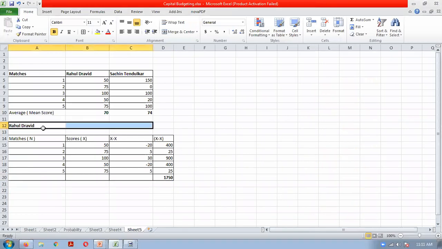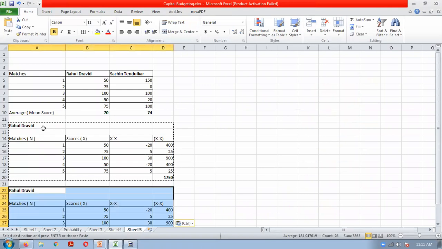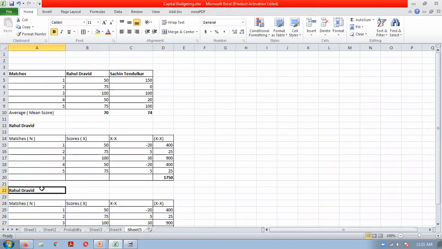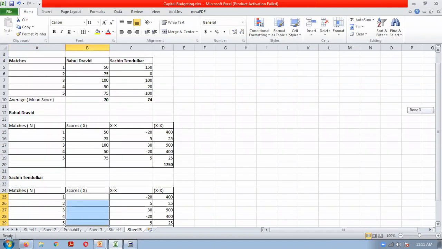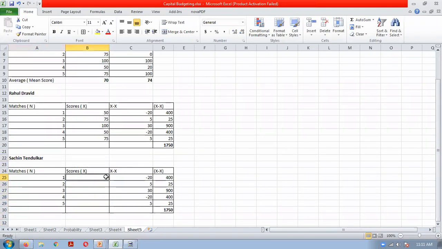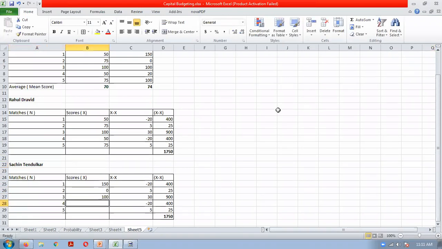So now we can calculate for the second player also. Okay, so scores are 150, 0, 100, 20 and 100, and mean is 74.